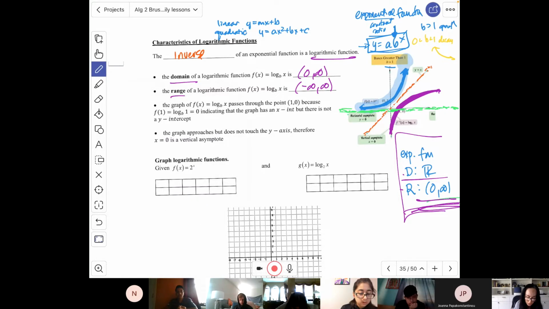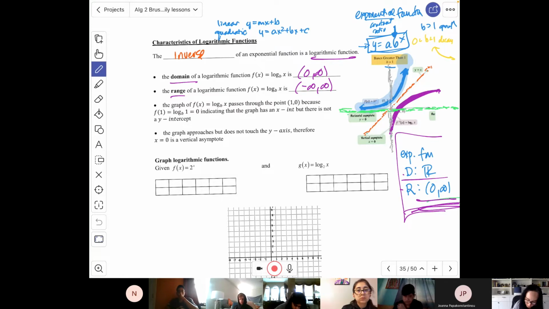If an exponential function has a horizontal asymptote, how is that represented in a logarithmic function? It becomes a vertical asymptote. Thank you very much. It becomes the vertical asymptote.